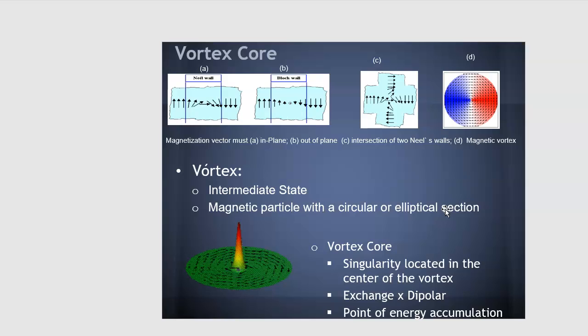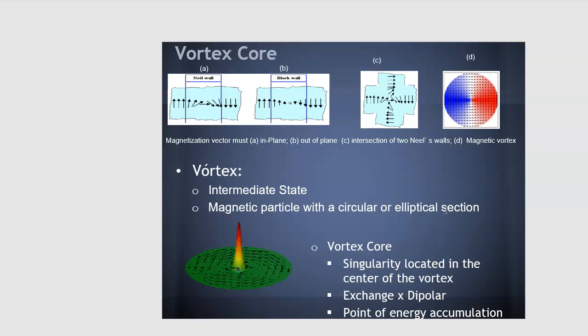But the question is how we can produce nanoparticles with a vortex state. What is the vortex state? In multi-domain particles, we generally have two types of domain wall: one is the Néel wall and one is the Bloch wall.